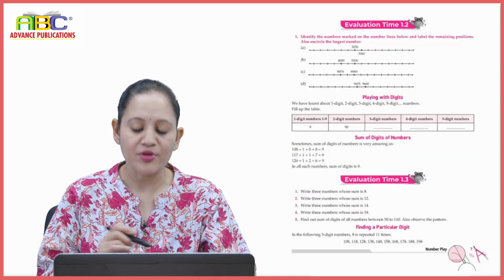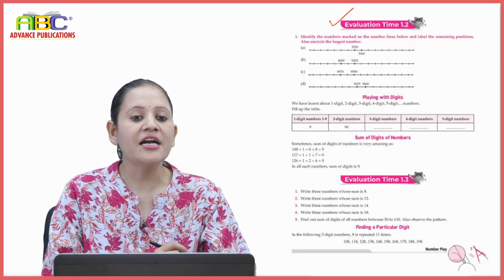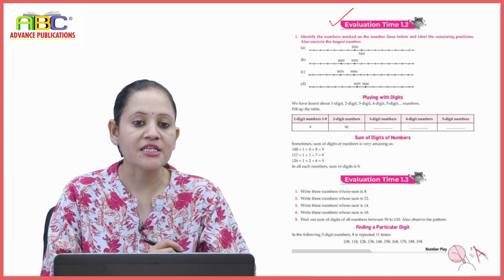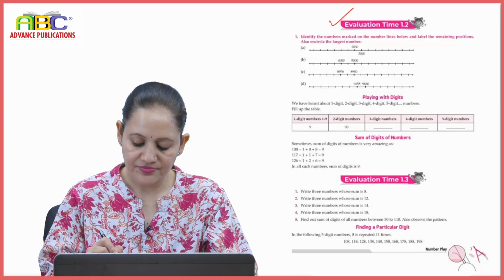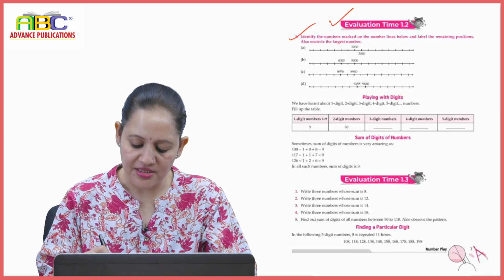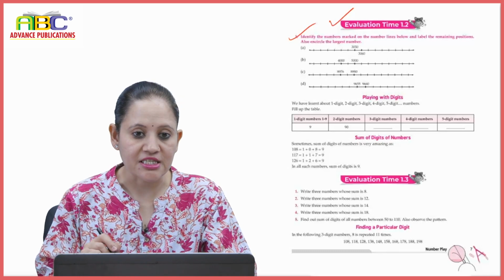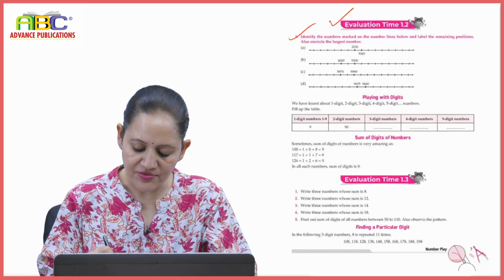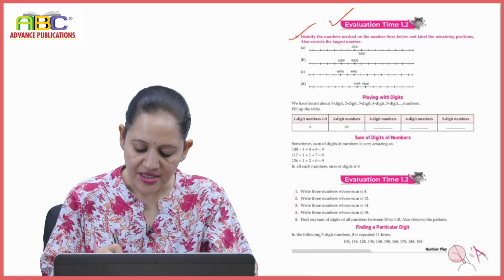Next, Evolution Time 1.2. Identify the numbers marked on the number line below and label the remaining positions. Also encircle the largest numbers. So here the numbers marked are 3060, 3050, 3040, 30, 20, 10, 3000.